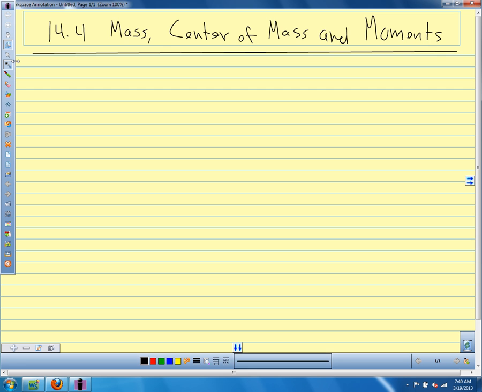All right, so last semester we worked a little bit with finding the mass and the center of mass of planar lamina, a thin slab of something that's in a plane, and we assumed that these planar lamina had constant density. That made our calculations easy. And we said our assumption was that rho was a constant mass per unit area.